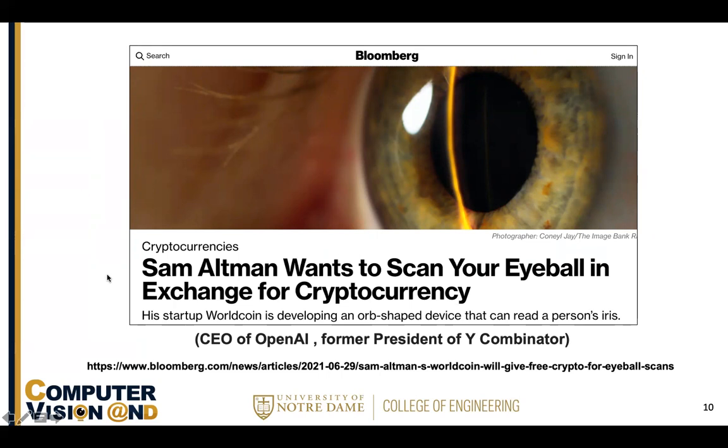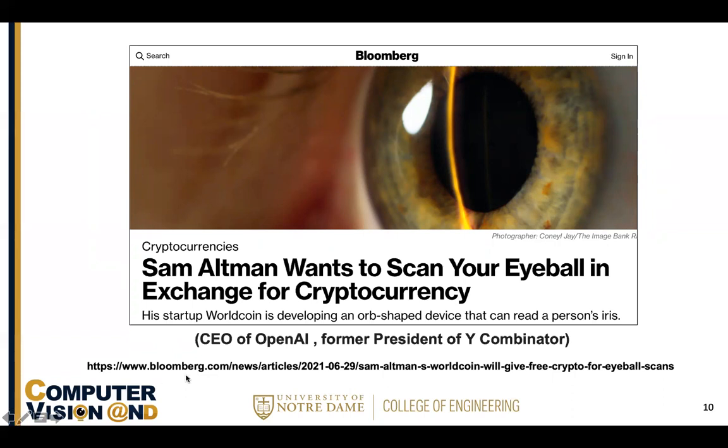1.3 billion people is not truly the entire population of planet Earth, but there are other efforts. This one I've pulled out is just getting launched, and it has the ambition to use iris recognition to enroll essentially everybody on planet Earth into a biometrically enabled system.